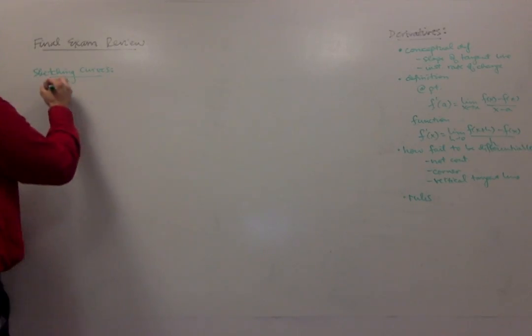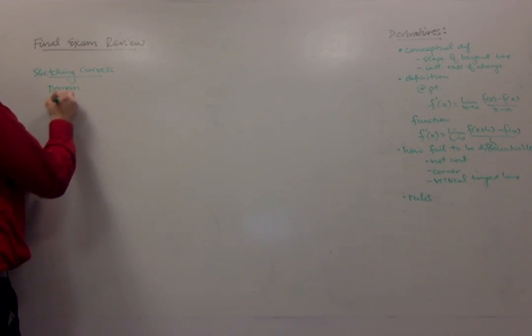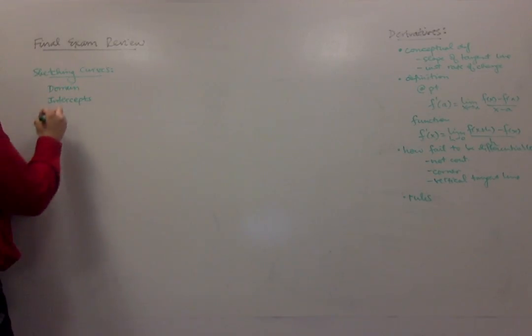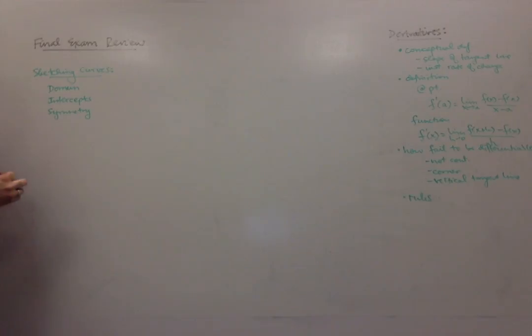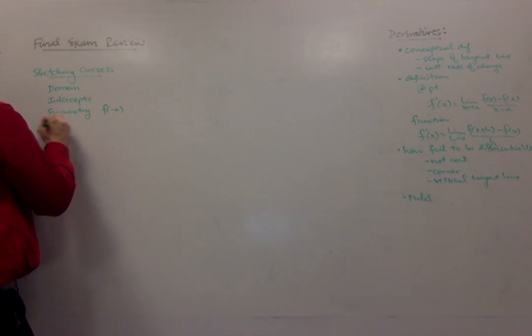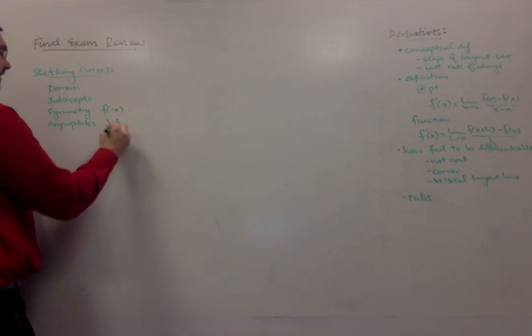All right, but just as a reminder, the things that you look at are the domain, the intercepts, okay, when x equals 0 and when y equals 0, symmetry, okay, you plug in negative x, and see what happens. Asymptotes, where does this have a vertical asymptote? Where does it have a horizontal asymptote?